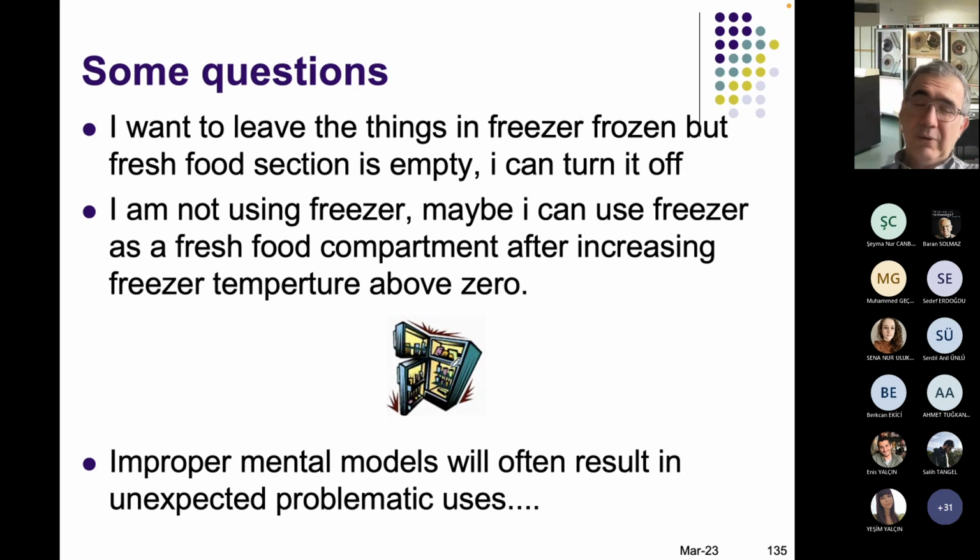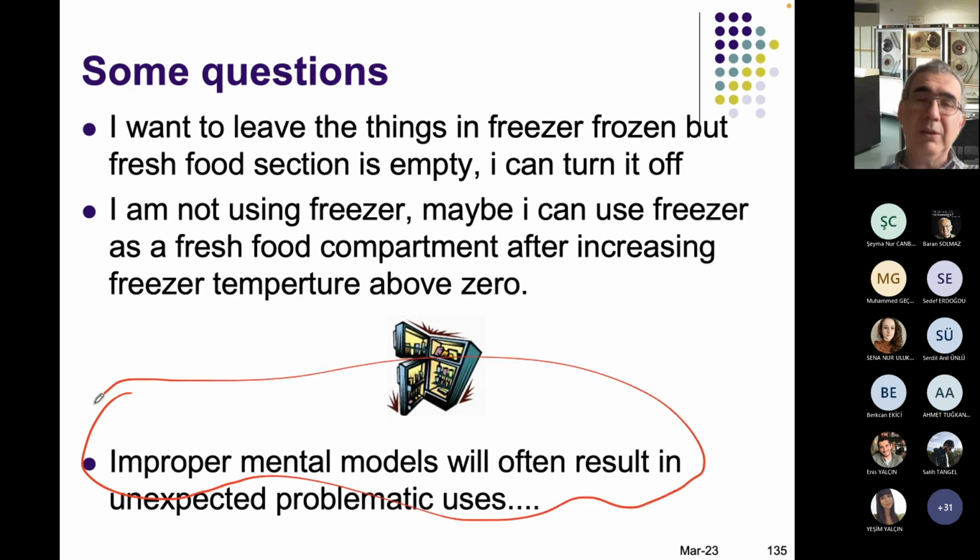So what I'm saying is improper mental models will often result in unexpected problematic uses. Many user errors are not because of ugliness or silliness, but because they understand the interface that way. They want to finish the job.